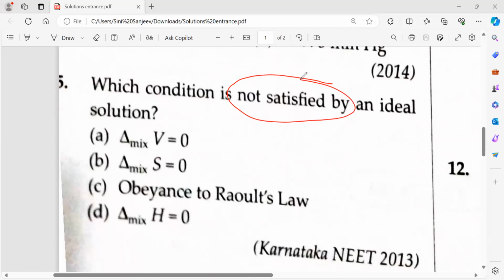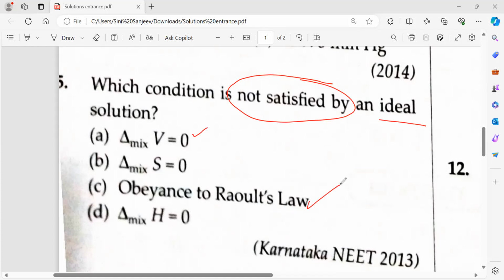Yes, Alan has given me the right answer. Samadhi, can you just guess it and let me know? See, for an ideal solution, what is the correct option? The volume change is 0, so option A is correct.